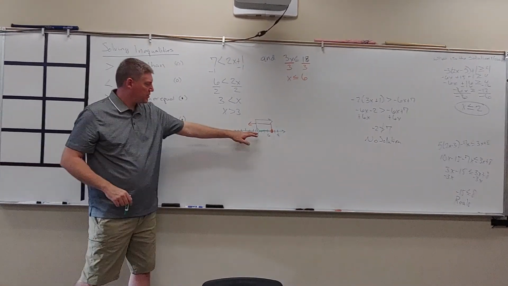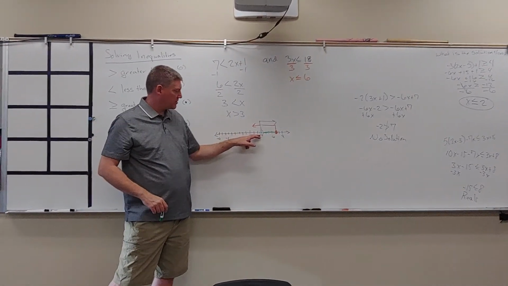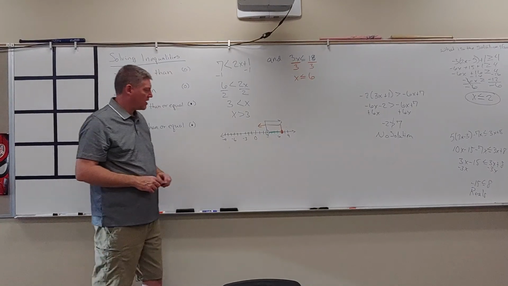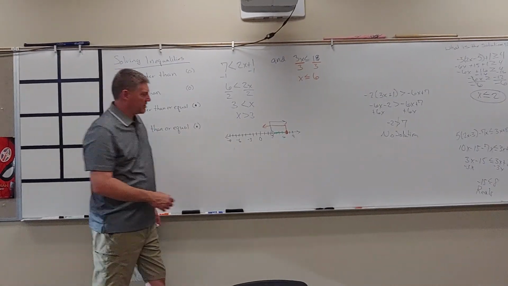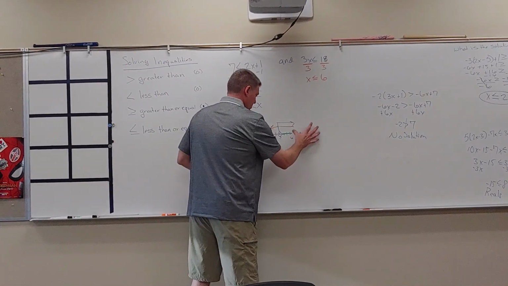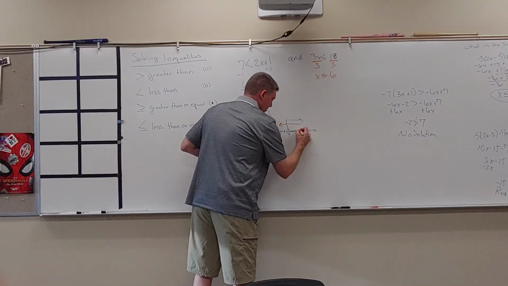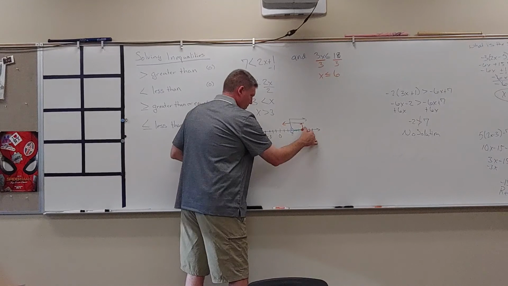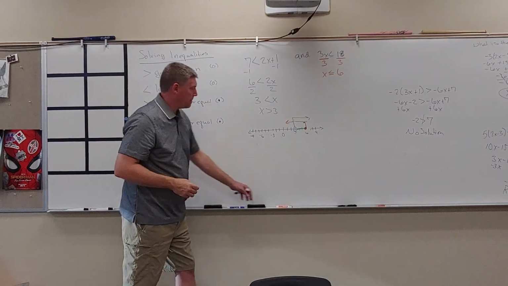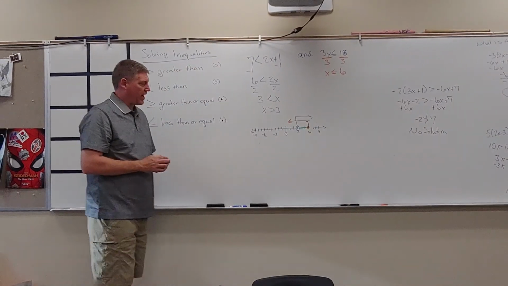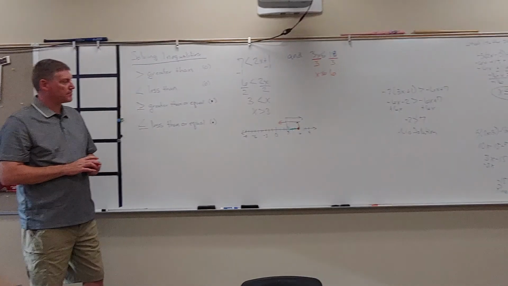Okay, so this piece in green from the open circle at 3 to the closed dot at, oops, and I put that at 7. Six. There we go. And so that gives us our graph there.